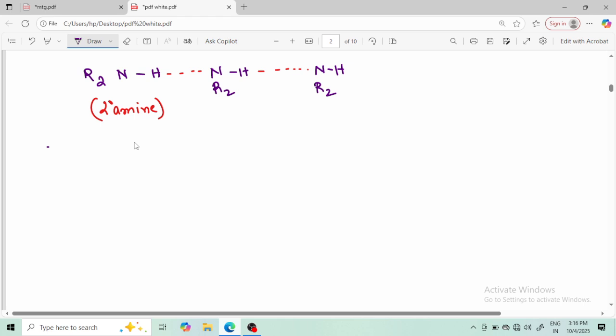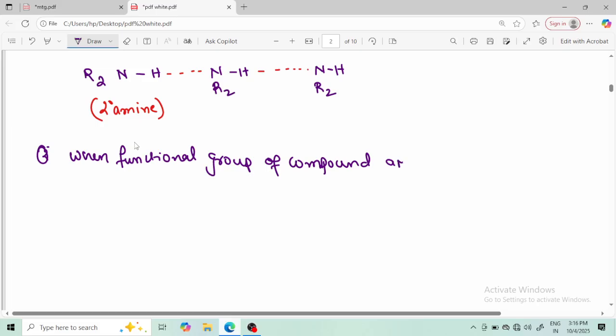The second type of question is when the functional groups of the compounds are different. Okay, so this same relation I have given in the carboxylic acid chapter also.